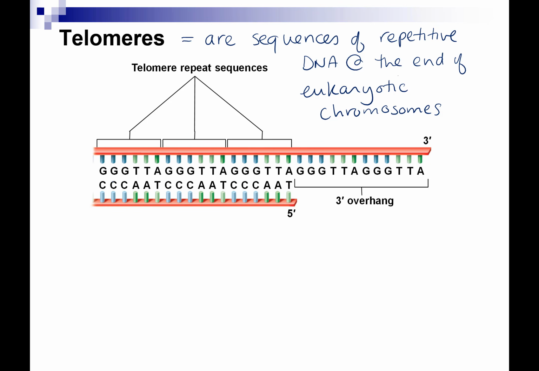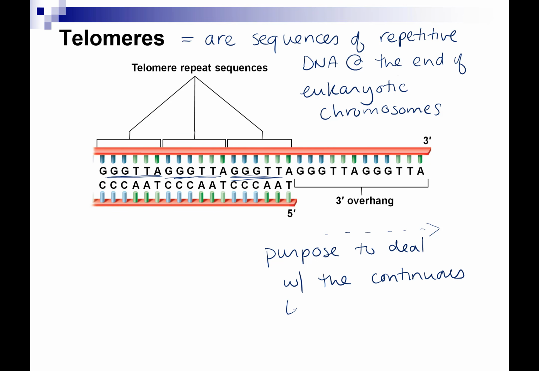You can kind of see GGG-TTA. This is a short one. They're really actually 100 or so nucleotides long. Okay. And they're adding on to the end. The purpose is to deal with the continuous loss of DNA due to replication.